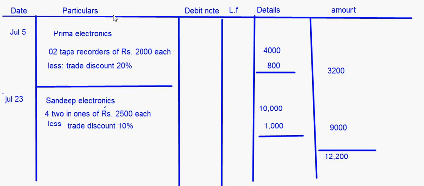So that is how we do the purchase returns book. And here the debit note number will come along with each and every purchase return.